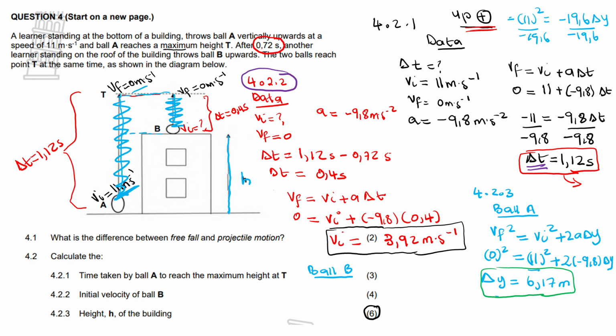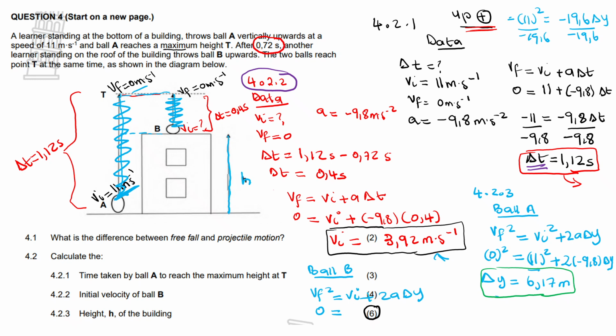So for ball B, we're going to use the very same formula, VF squared equals V initial squared plus 2A delta y. So the V final of this one is also 0. The V initial is the one that we calculated. Where's our V initial? This one for ball B. Can you see that if you get it wrong, this will affect your answer?